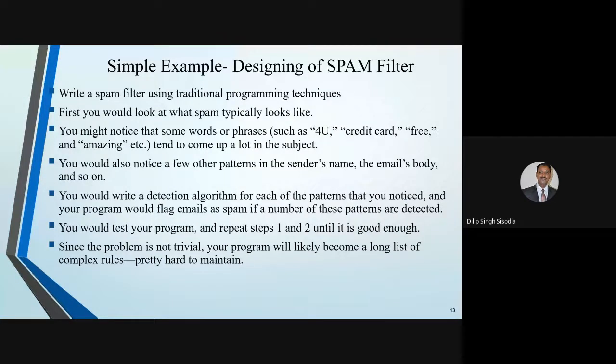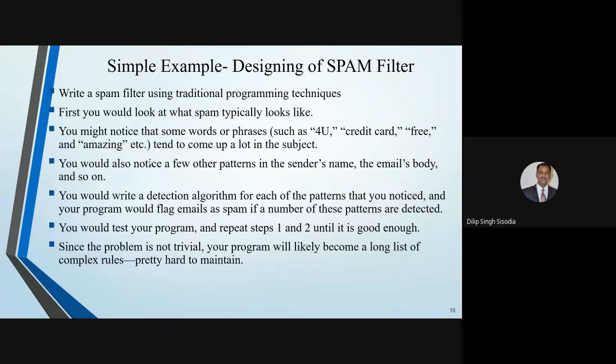So this is a simple example. Suppose we want to design a simple spam filter. Spam means we are aware of which type of messages are generally spam, if the message contains, either in the body of the email or the subject, terms like for you, credit card, free, friendship, gift, lottery. We have identified a certain number of terms, and we have decided that if any email consists of any of these terms, then this email will be treated as a spam email.